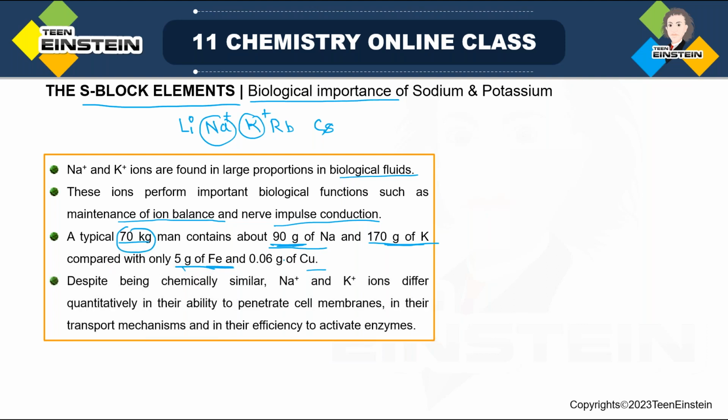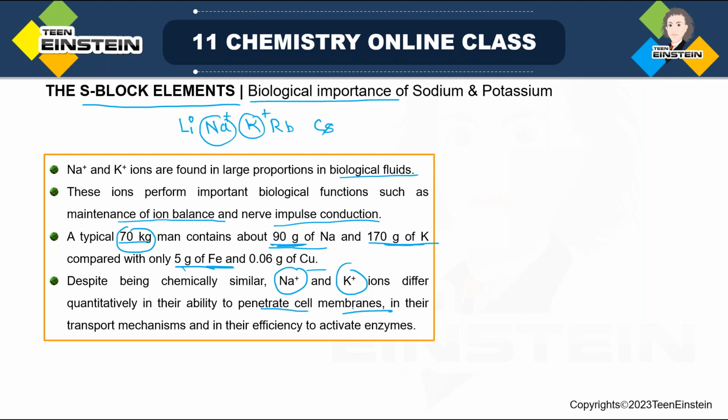Despite being chemically similar, these two ions, it is true that they are chemically similar because first of all, they are from the same group, so you can expect some similarity. They carry the same amount of charge, but still they are different elements, right? So despite being chemically similar, these ions differ quantitatively in their ability to penetrate the cell membrane.